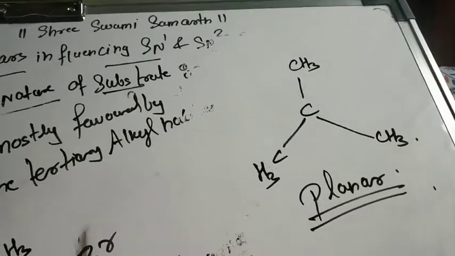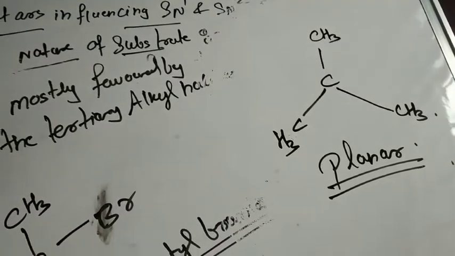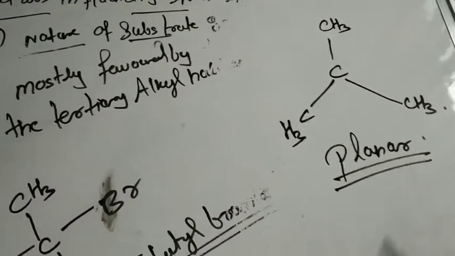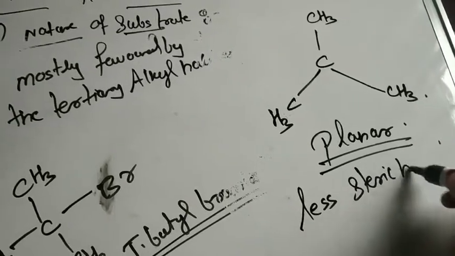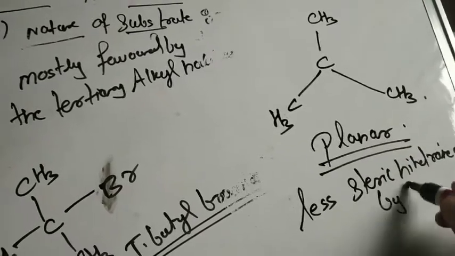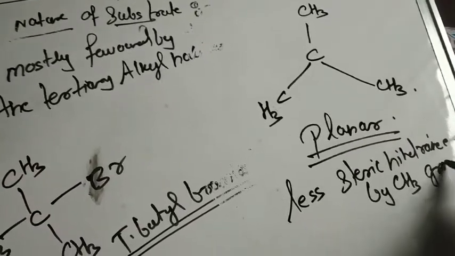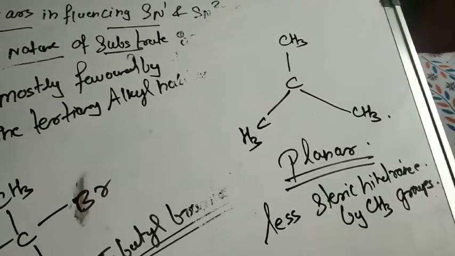Now what happens when the structure is planar? Due to the planar configuration, there will be less steric hindrance by the CH3 groups, right? So there is absolutely no steric hindrance.